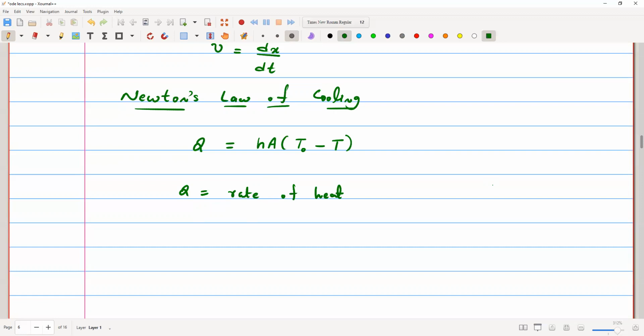Let's say the initial temperature of the ball is T1 equals alpha degrees centigrade, and it is dropped into a large container filled with hot water at some temperature, say T hot or T naught, that is beta degrees centigrade, where beta is greater than alpha, right?